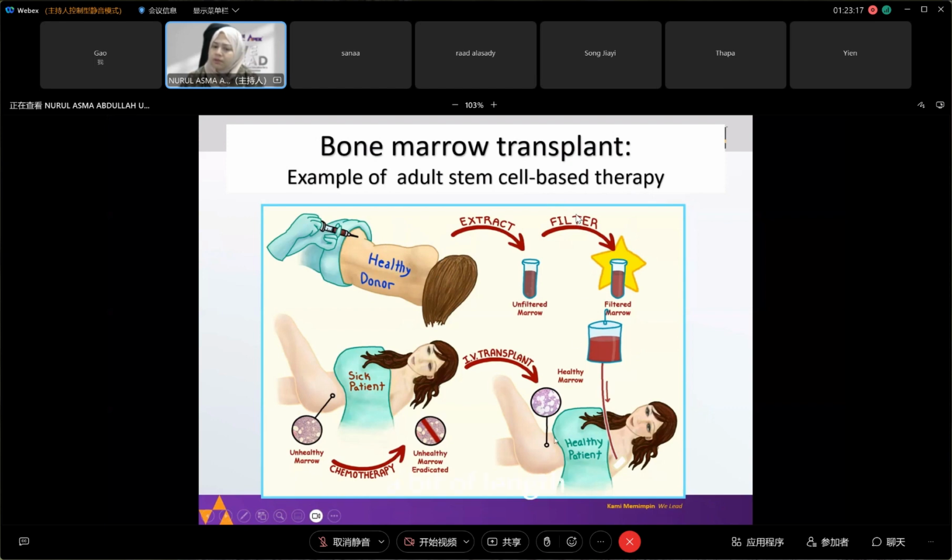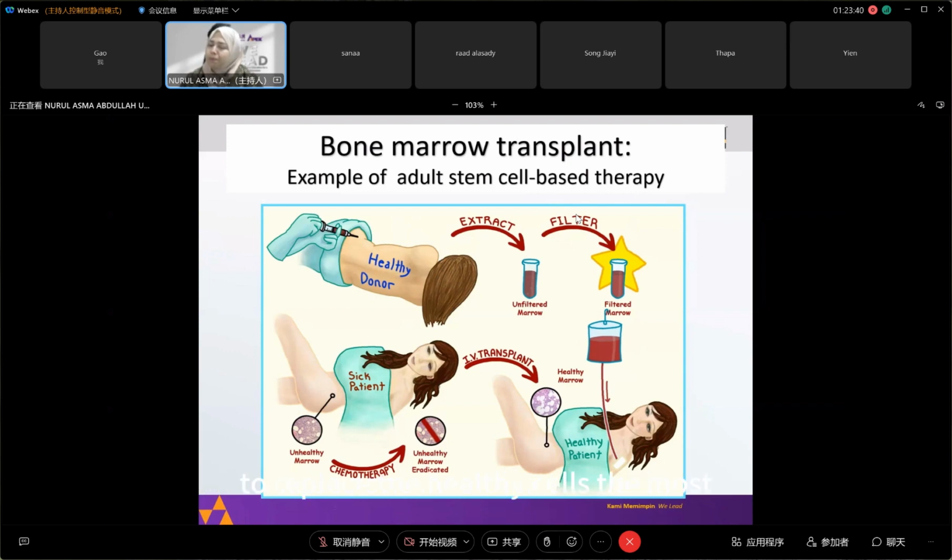IV transplant, healthy marrow. Other than chemotherapy, you know the effect of chemotherapy: when you do chemotherapy, your cells will be gone, including the healthy cells.